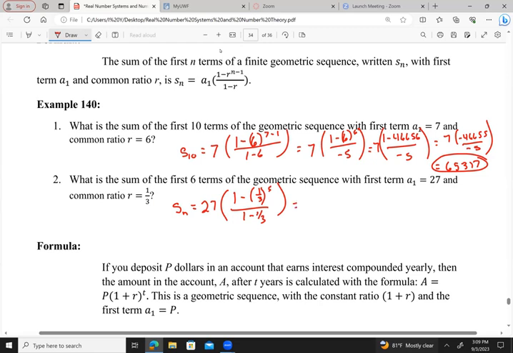It's better to leave this as a fraction for now. 27 times 1 minus 1 over 243. And this is simply 2/3. I have 27 times, this becomes 242 over 243, over 2/3.